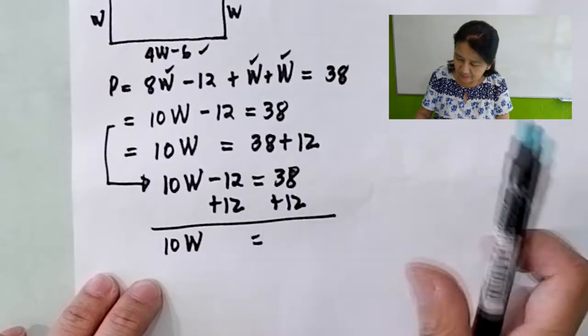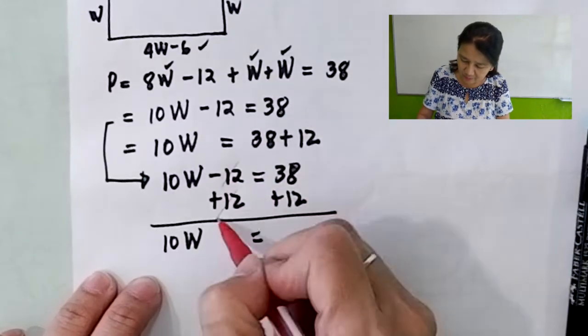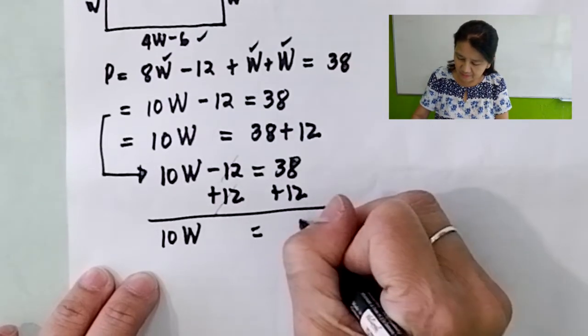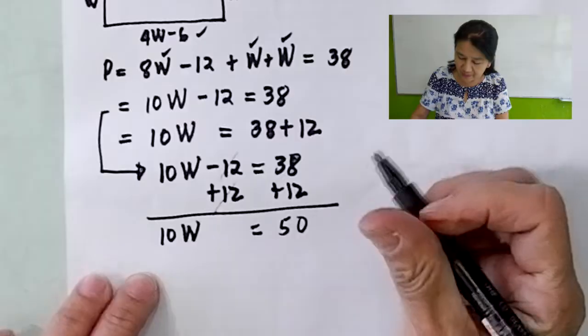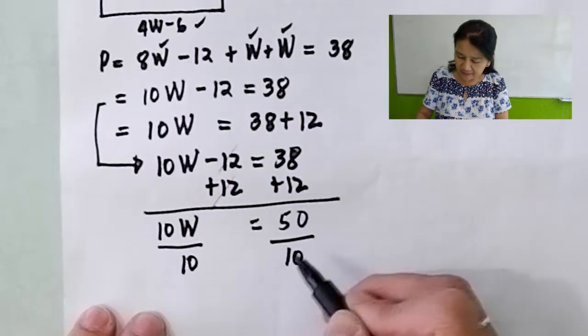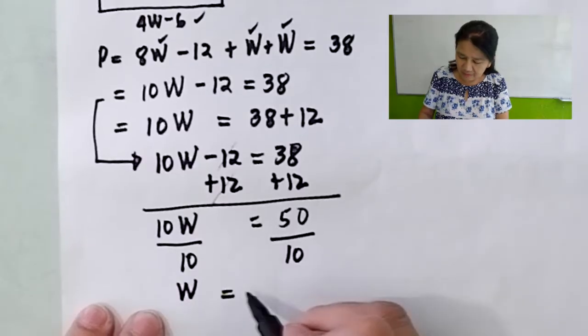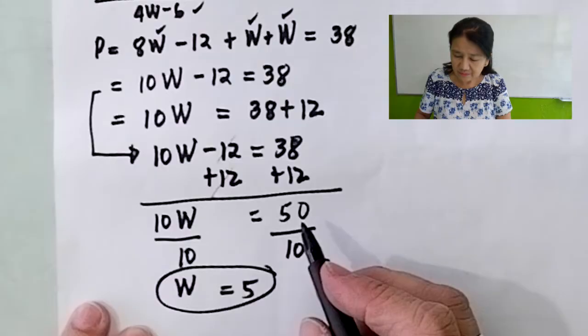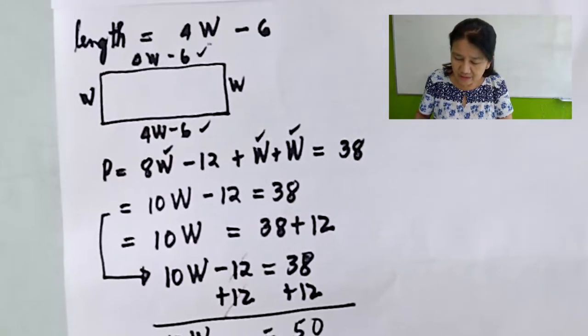10W, this cancels. Remember, negative 12 plus 12 is 0, equals 38 plus 12, which is 50. Then, divide both sides by 10. W is equal to 5 meters.